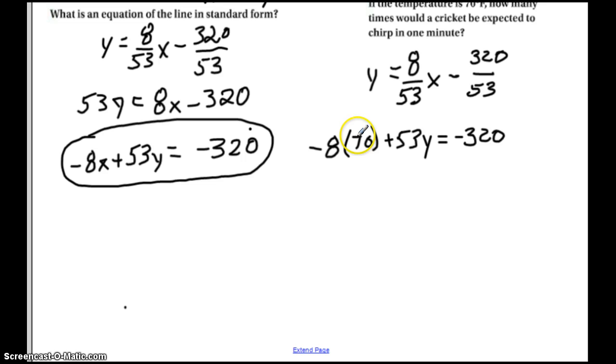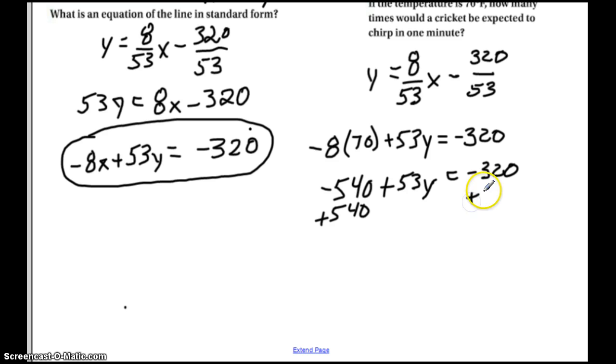8 times 7 is 56, add a 0. And that's going to leave us with -320 on this side. Add 560 to both sides. Sorry, I first said 540, that should be 560. I still feel like it's a Monday.